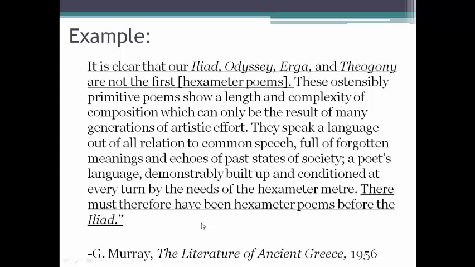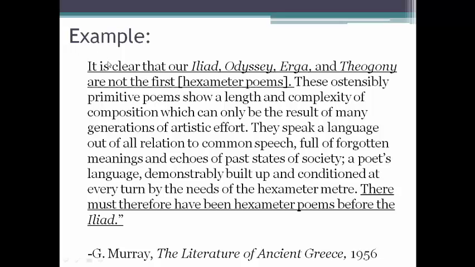You may remember in one of the chapters earlier in the book, it was brought up that sometimes conclusions will be restated at both the start and the end of the argument. So that's what we've got going on here. The conclusion that there must be hexameter poems before the Iliad is another way of saying that before this set of poems came about, there were other first hexameter poems. So we've got our conclusion stated in two slightly different ways, but with the same general force.